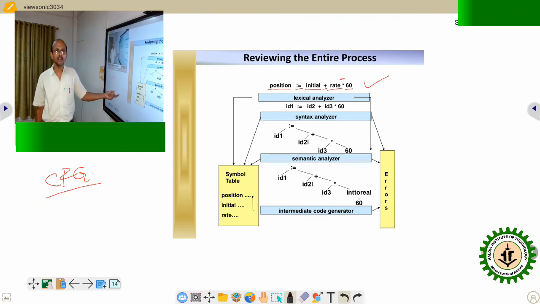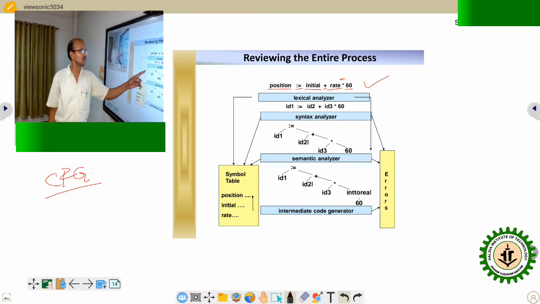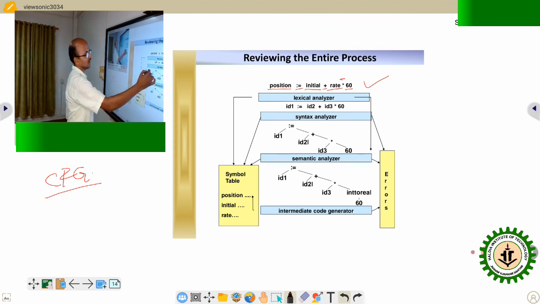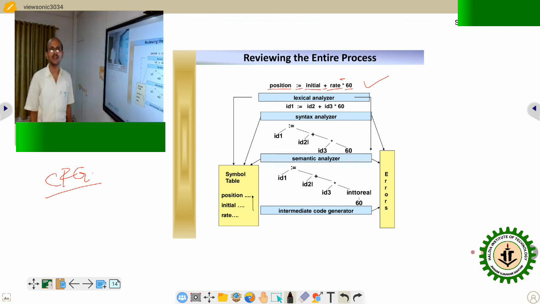The output of the syntax analyzer is a parse tree or syntax tree. If there is no error, one syntax tree will be generated, and if there is an error, it will be reported to the error handling routine, another routine which deals with the errors. At the same time, whenever you create an identifier, its initial value and its type, everything will be mentioned in the symbol table.